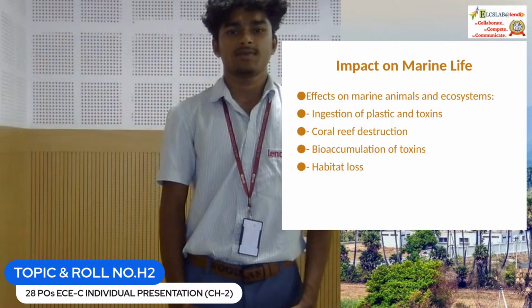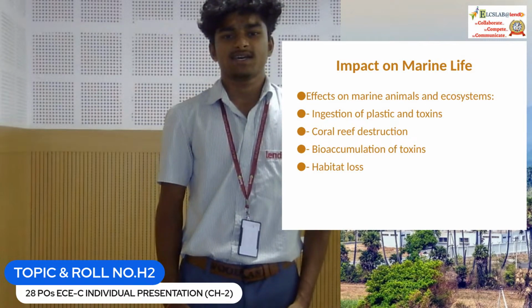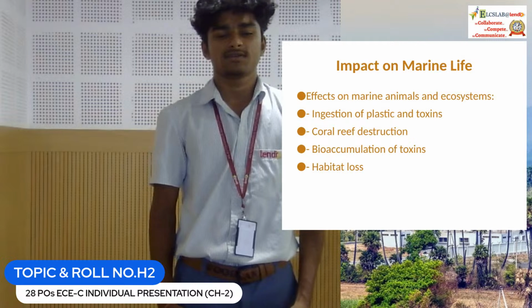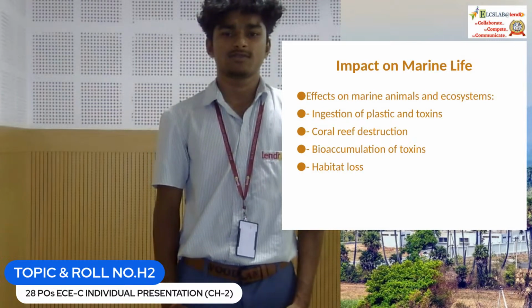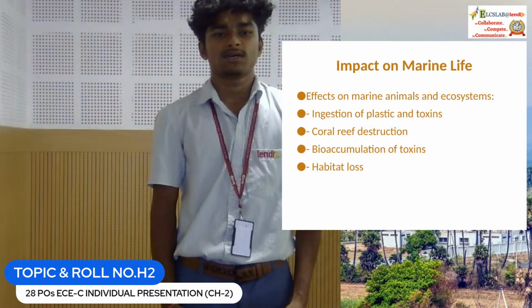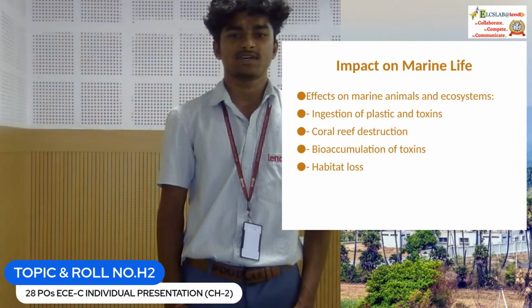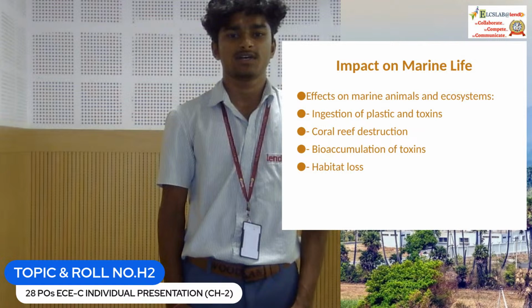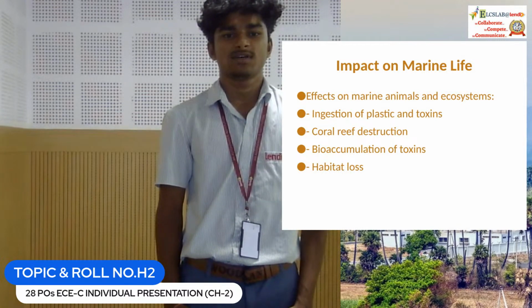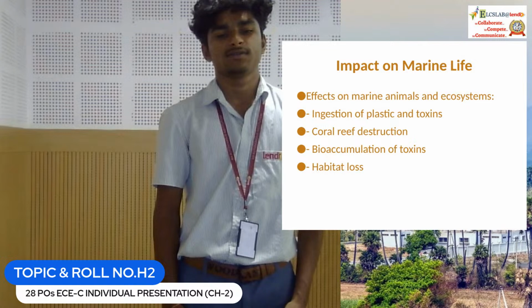Effects on marine animals and ecosystem: ingestion of plastics and toxins. The fishes also survive in seas, oceans and ponds. The mammals and fishes die because the plastics are too high and pollute the oceans, and coral destruction by accumulation of toxins, habitat loss.